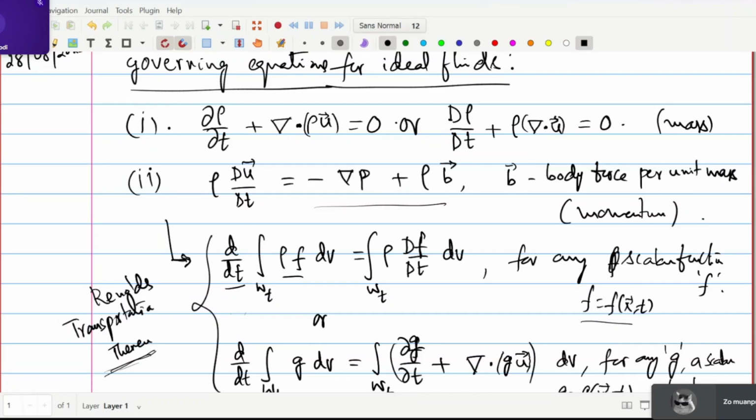But see how many unknowns you have and how many equations. The first equation is only one equation. The second equation is a vector equation, with three components for the unknowns u, v, w.